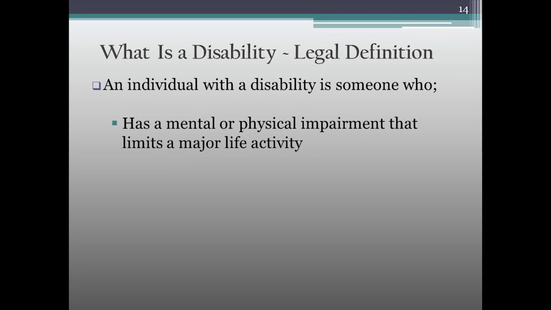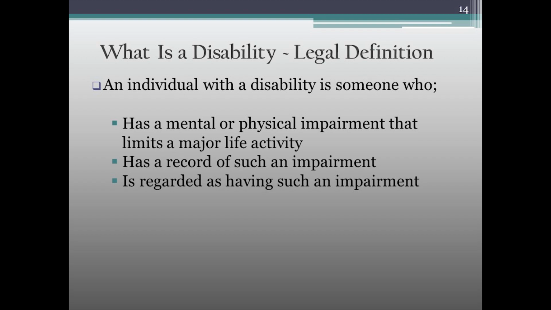Thank you, Michael. So now let's talk about the nuts and bolts of reasonable accommodation. But first of all, we need to understand a little bit more about what is a disability. Michael's already given you the legal definition of disability. So it's an individual who has a mental or physical impairment that limits a major life activity, or has a record of an impairment, or is regarded as having an impairment.